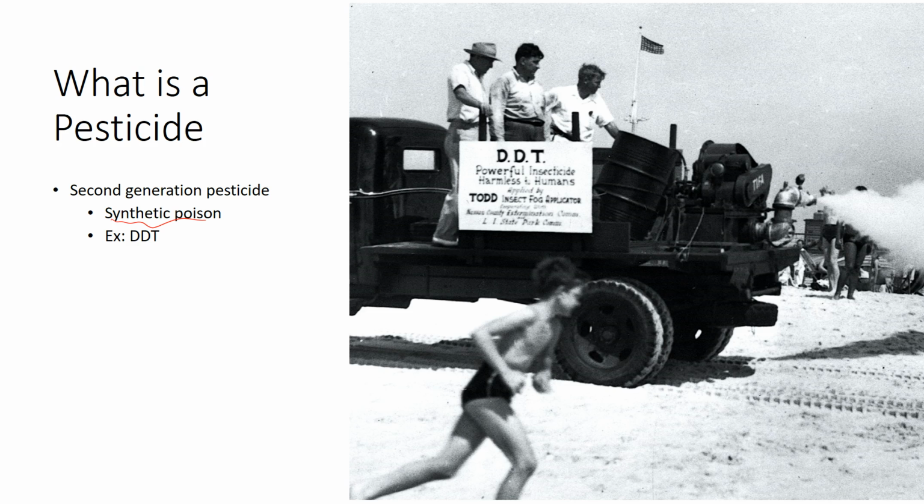So DDT, for example, was touted as a really powerful insecticide. So insecticide, by the way, means it kills insects, but more or less harmless to humans. So there's this propaganda footage here showing the spraying of this pesticide to control mosquito populations on this beach, right? And you've got people hanging out, kids running and playing right there.